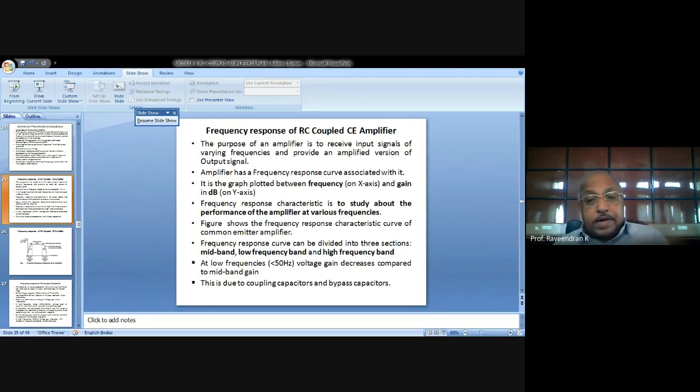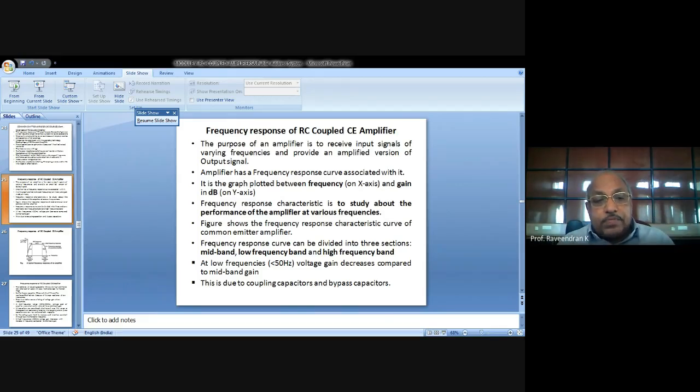That is the audible range of frequency. Within the audible range of frequency, there is no roll off, or the mid-band frequency is the frequency of operation of an amplifier between 50 hertz and 30 kilohertz, or 20 or 30 kilohertz, or even 50 kilohertz. And between this region, the voltage gain of the amplifier is almost constant.